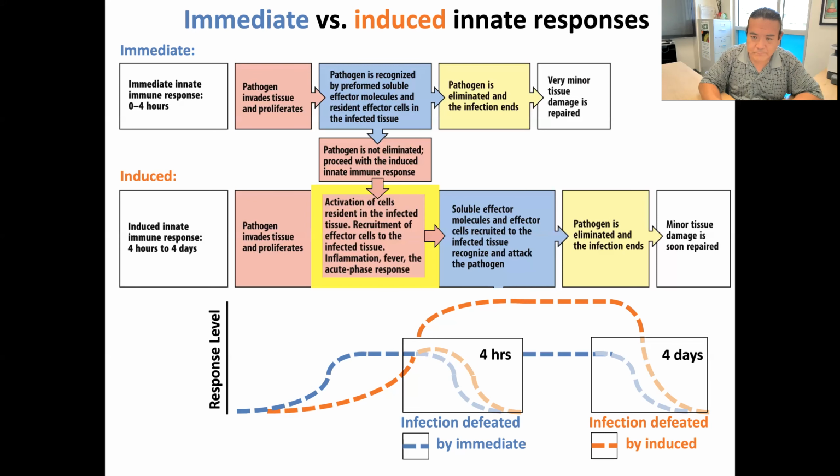Okay. So this way of thinking about it is as waves of activity, rather than, unfortunately, the way the book often describes this, in terms of somehow a switch. Like one moment you're switched on to the immediate response, and then when that's not enough, that turns off and you switch on the induced response.